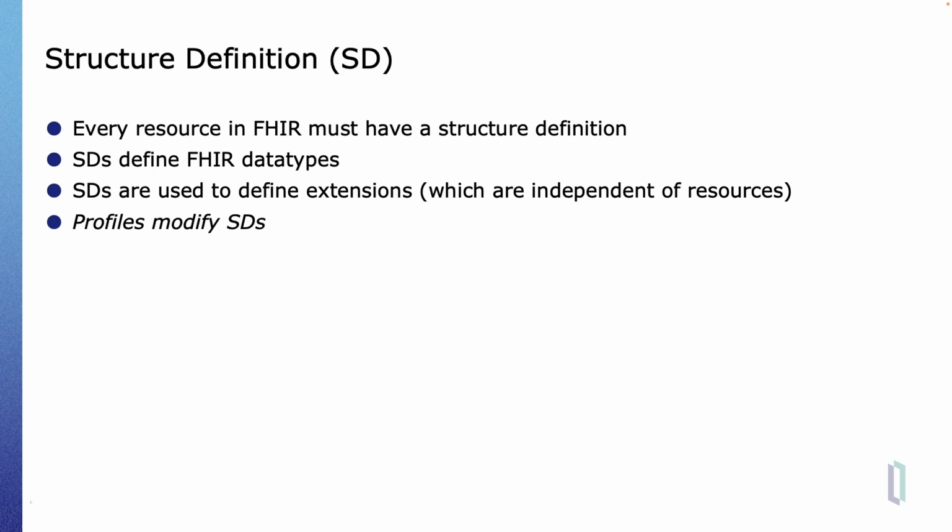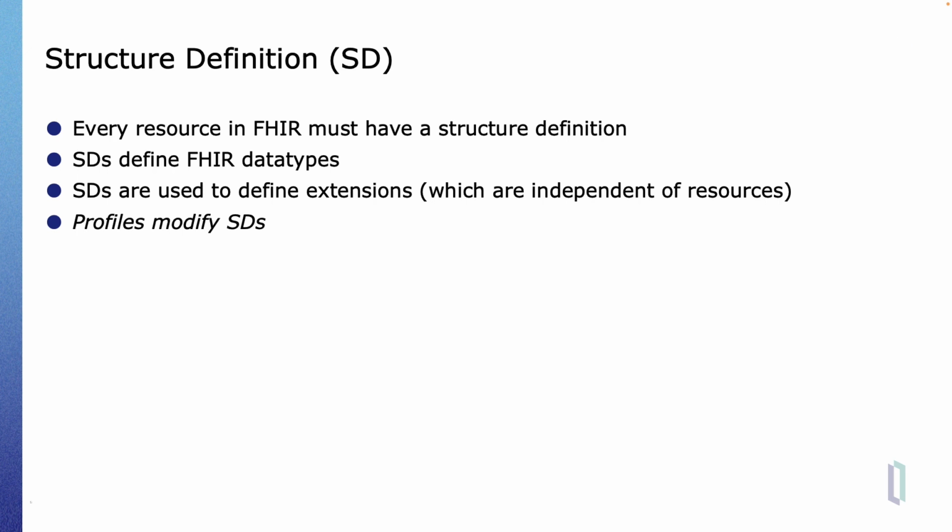Now here are some key aspects of FHIR structure definitions. First, there are element definitions. These specify the elements or the fields that are allowed with a particular FHIR resource. Each element is described in terms of its name, data type, and cardinality, which means how many times it can appear, and other properties.